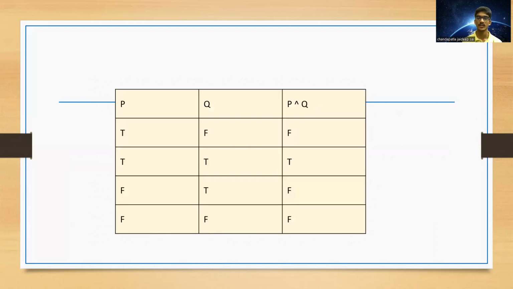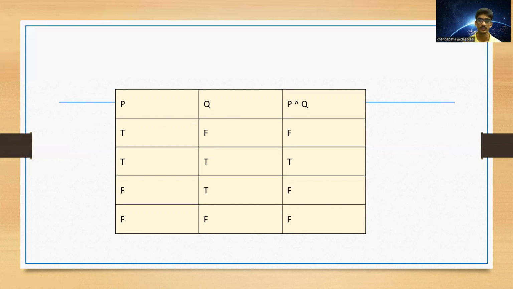So here we have the truth table for the conjunction compound statement, and here we have the P values and Q values, and the output is P and Q. In the case where true and false is given, the output is false. If the input is true and true, then the output is true.